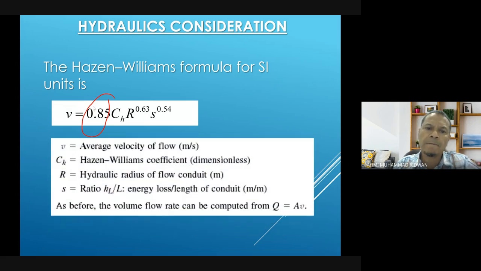So the equation of velocity equals 0.85 multiplied by CH multiplied by R to the power 0.63 multiplied by S to the power 0.54. Here the velocity is in meters per second. And then Q is A multiplied by V.